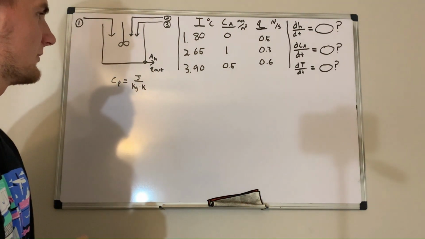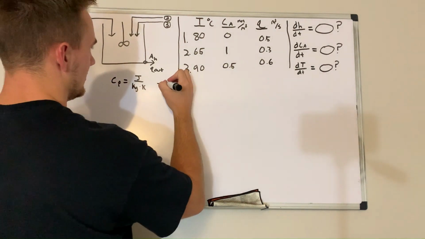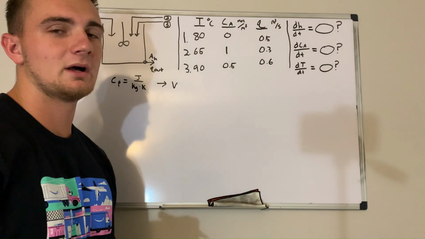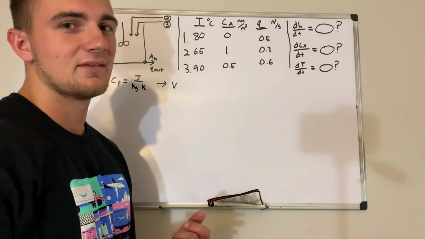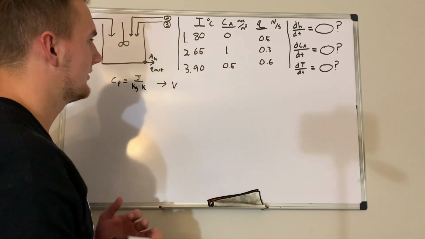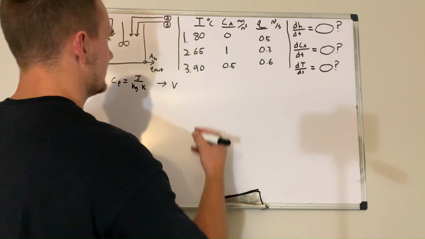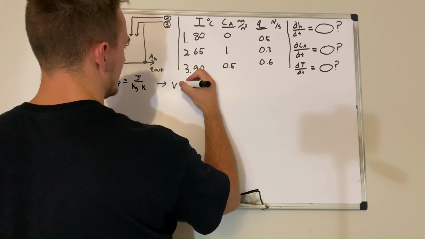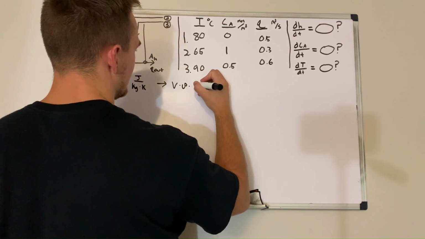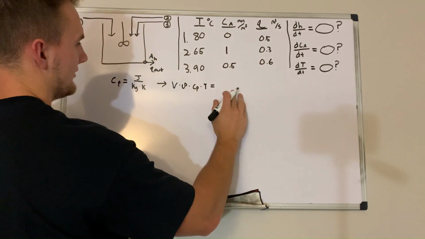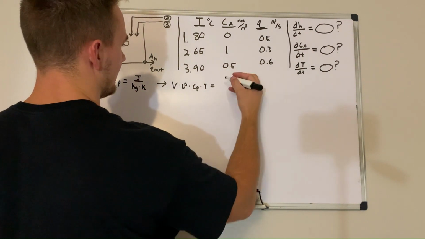And if we go a little bit further here, what we can see is that if we take the volume and multiply it by the density, the heat capacity, and the temperature, we can get to joules of energy from temperature. So we'll take the volume times the density times heat capacity times temperature, and I'll just write out the units here after this equal sign.